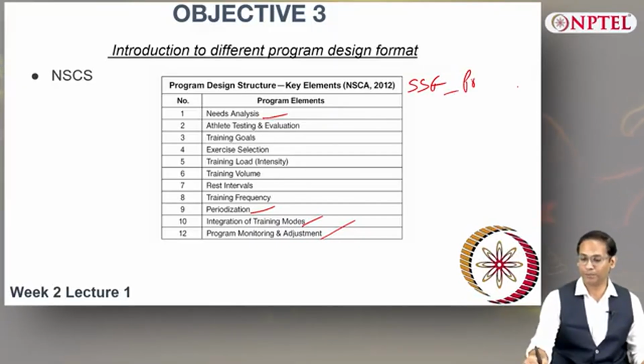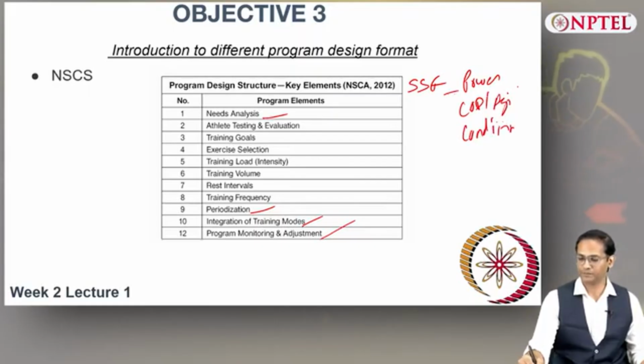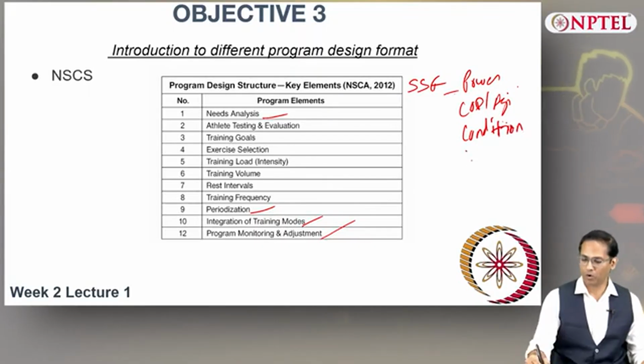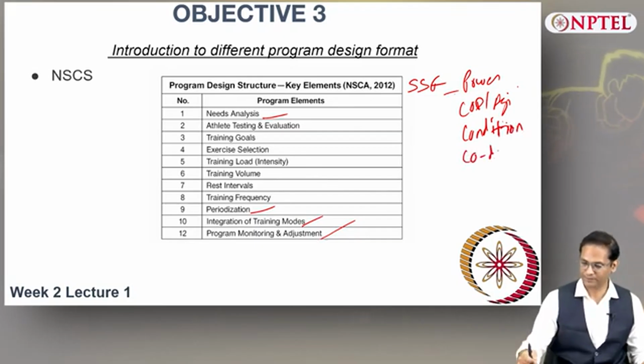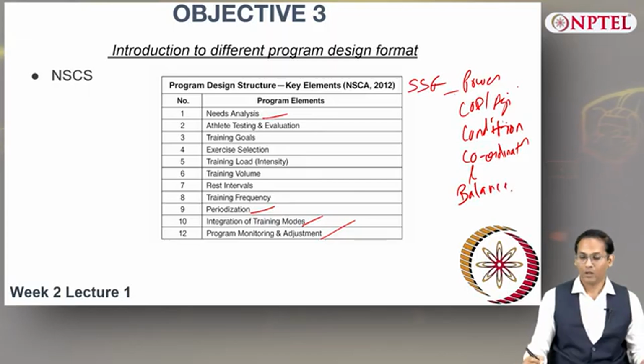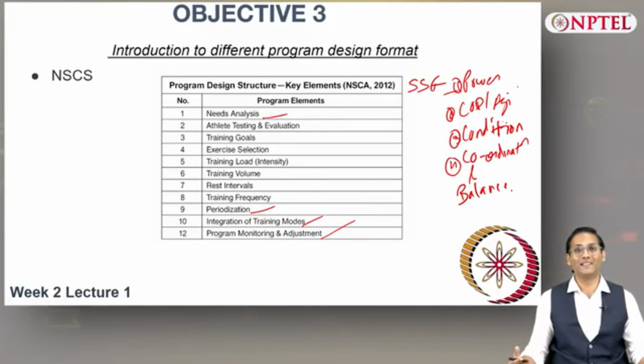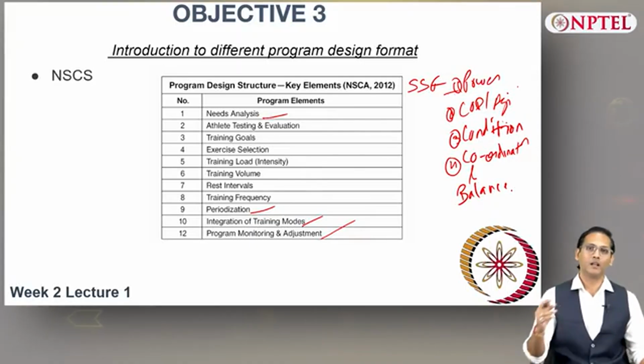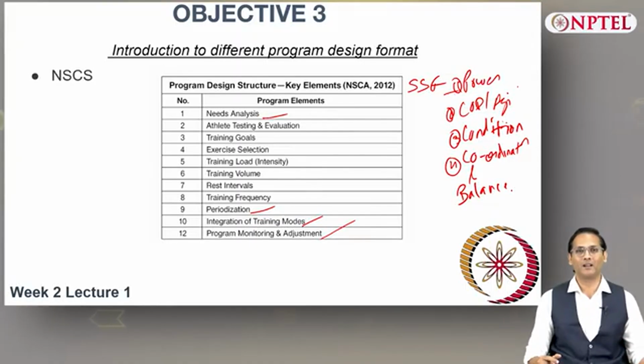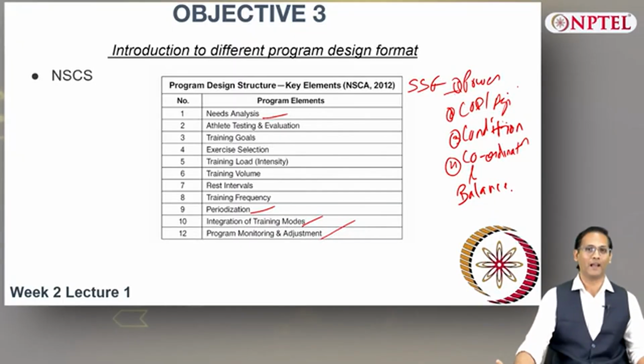That includes power fitness, change of direction or agility fitness, conditioning fitness, coordination and balance fitness. These are called sport specific fitness. Since it is more demanding to get the results, the elements in programs are more compared to health specific fitness.